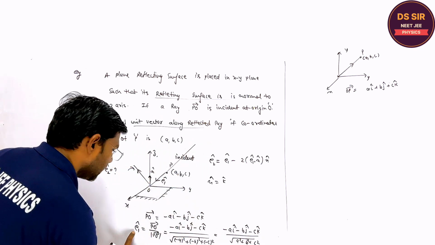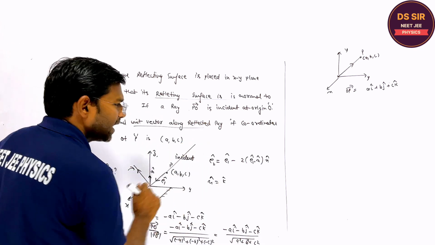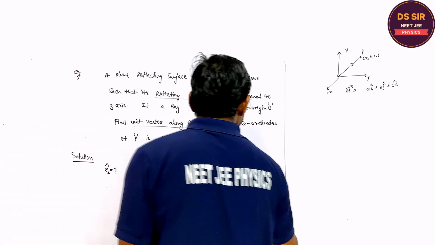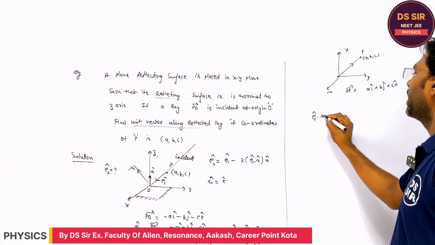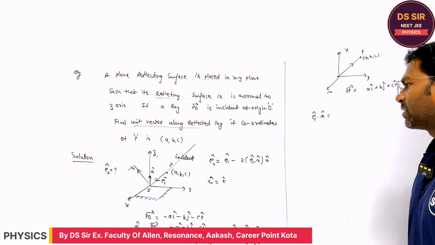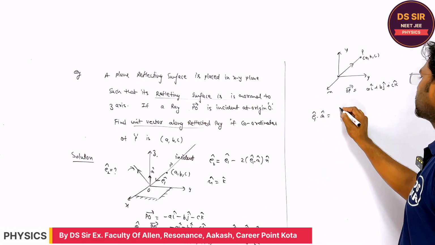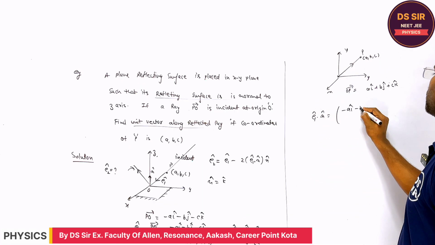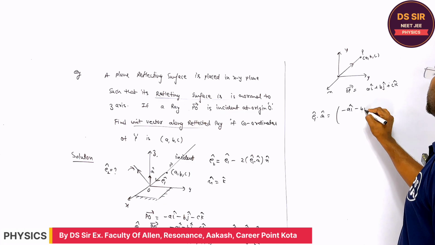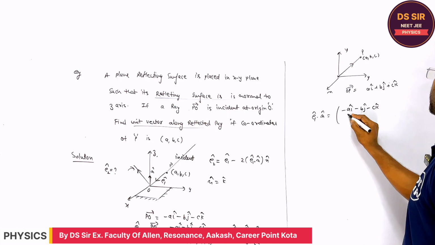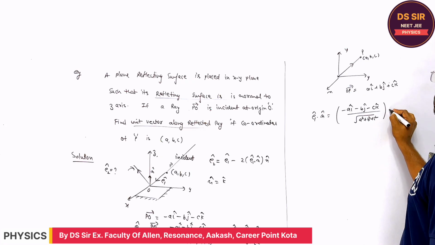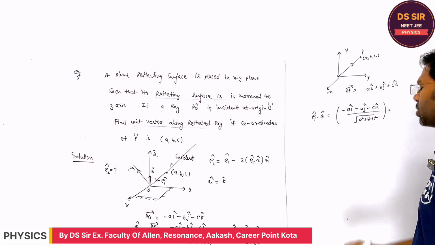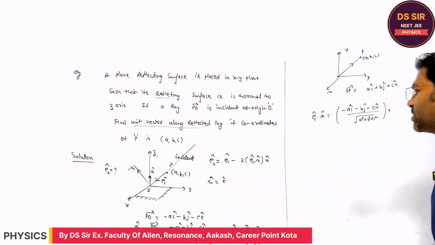So this is the e1 cap. This is the n cap. So can you find e1 dot n cap? Yes. What is the e1 vector? The e1 vector is minus a i minus b j minus c k cap over root over a square plus b square plus c square, dot product with n cap.